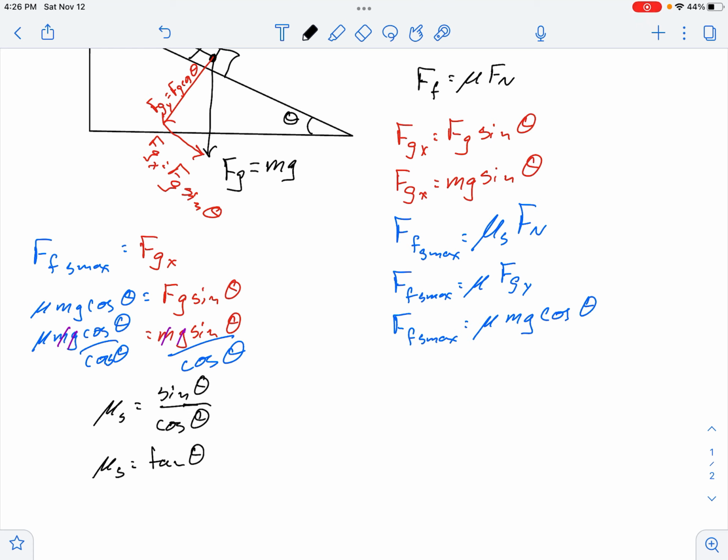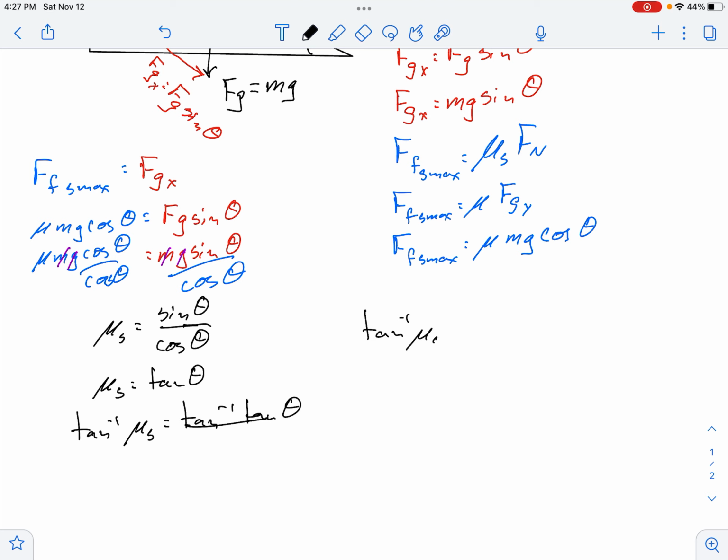The inverse tangent of mu sub s is equal to the inverse tangent of the tangent of theta, which means those go away, and I'm left with the inverse tangent of mu sub s is equal to theta.